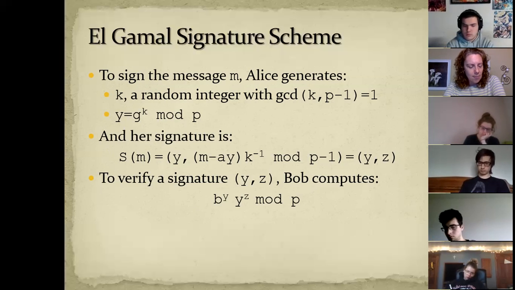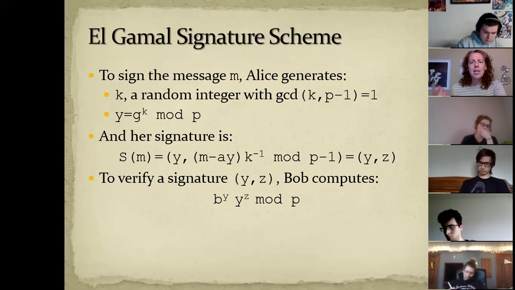Here's what he's going to do to verify. He is going to compute B to the Y times Y to the Z mod P. Let's talk about whether he has enough information to compute that. B is public information, so Bob can compute B, no problem.